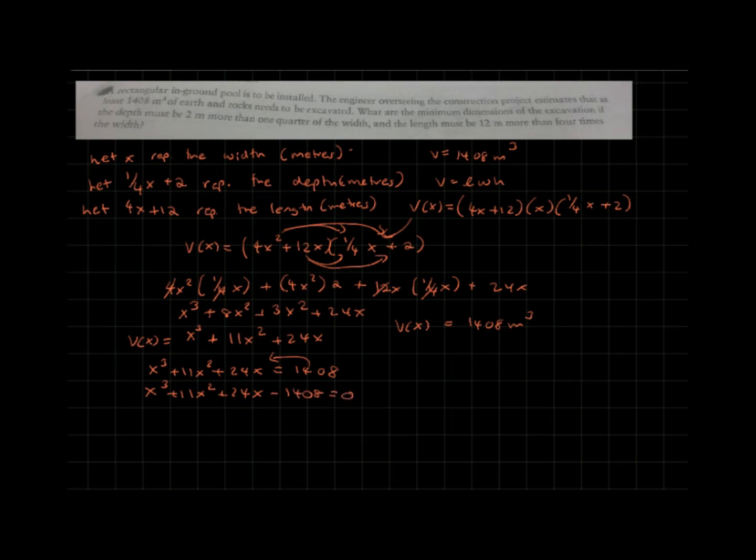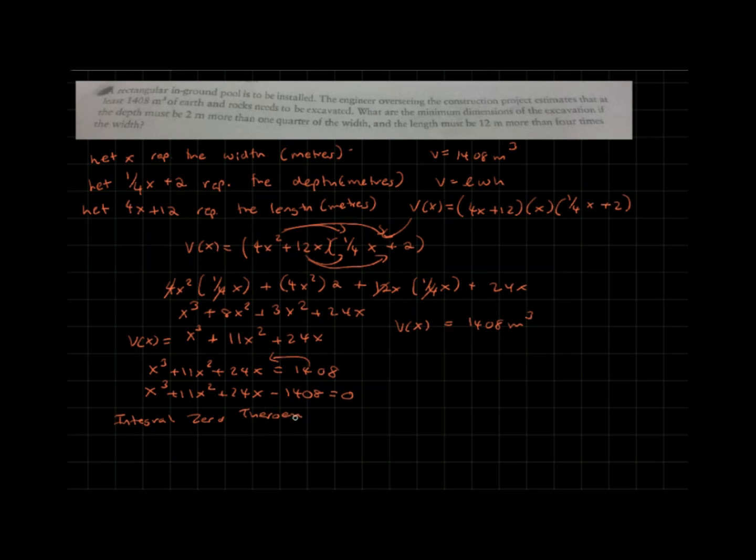In order for us to solve this polynomial equation, we need to factor this fully. To factor this fully, we need to figure out one of the factors first. A really quick way of doing this is to use the integral zero theorem.